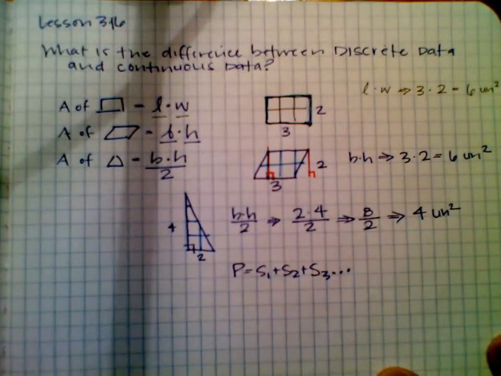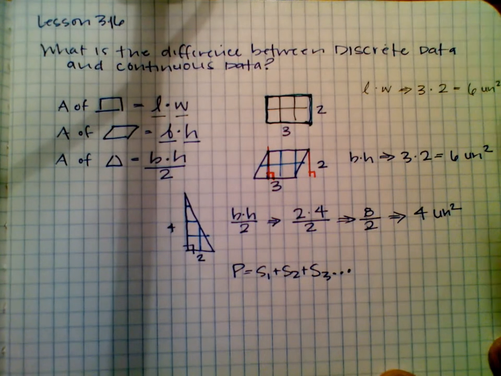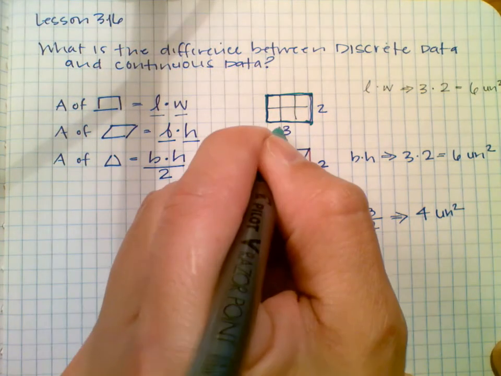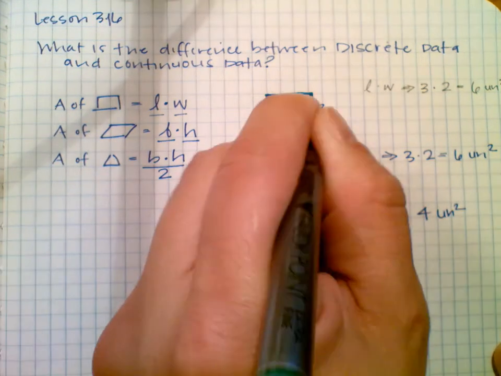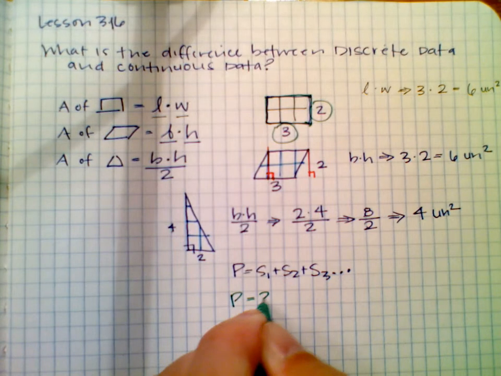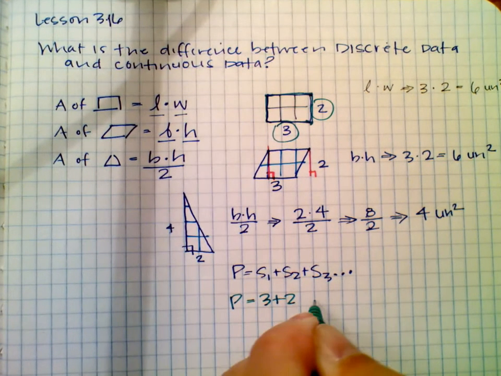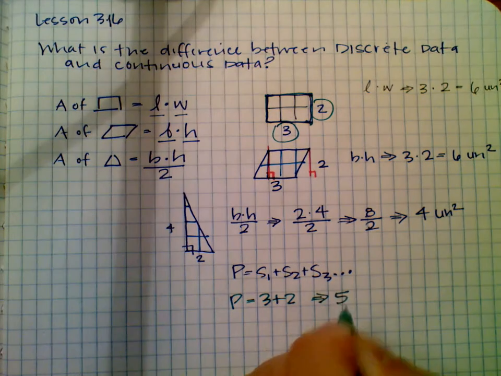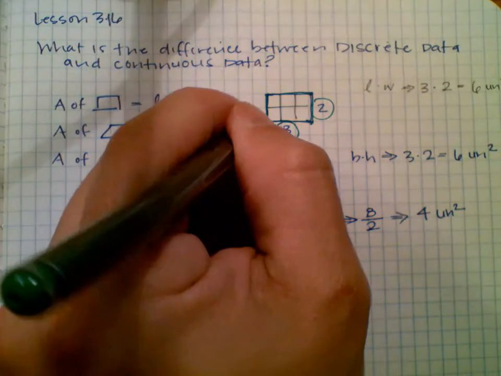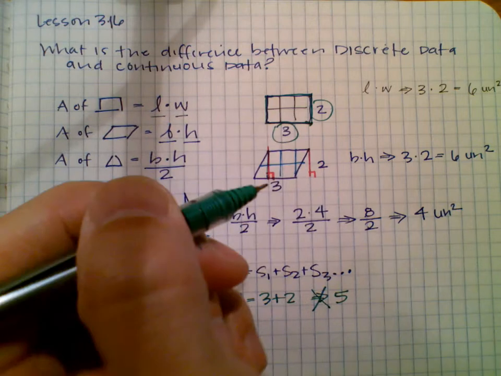And what I saw, boys and girls, is I saw people finding perimeter half of the right way, because what they would do is they take, if this is our example, this number plus this number, so they go perimeter equals 3 plus 2, so perimeter is equal to 5. Well, unfortunately, boys and girls, it's not, because you've only walked around half of our shape.